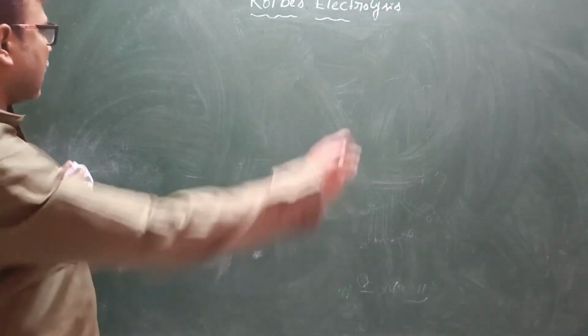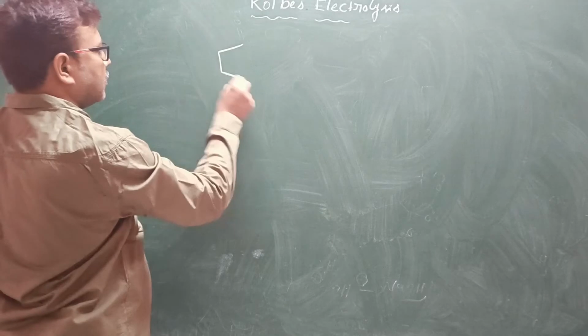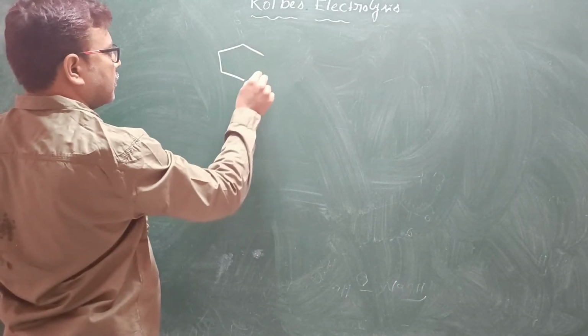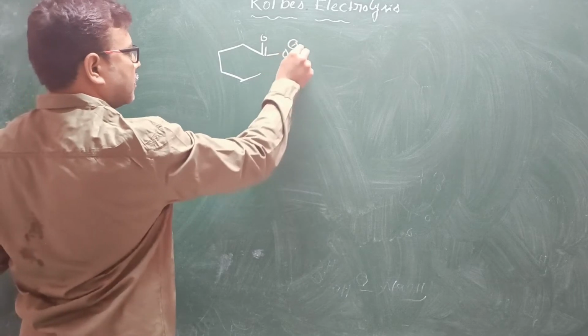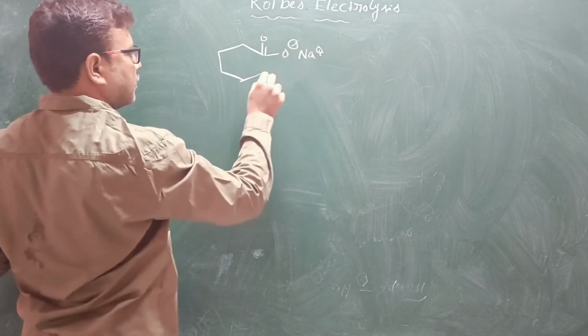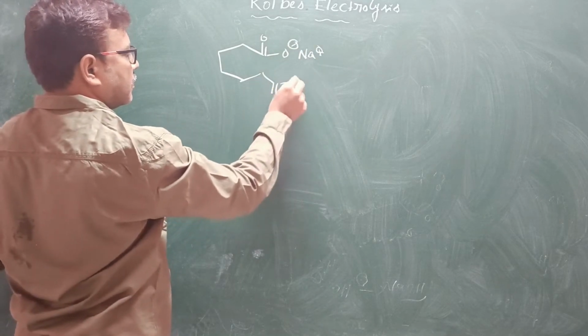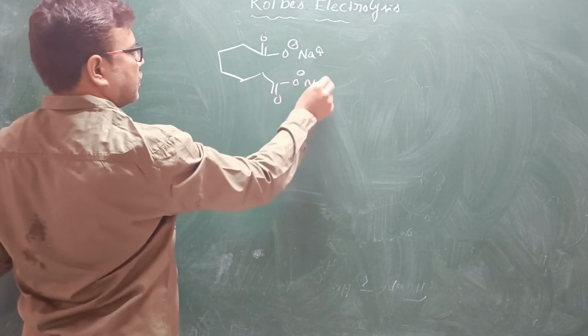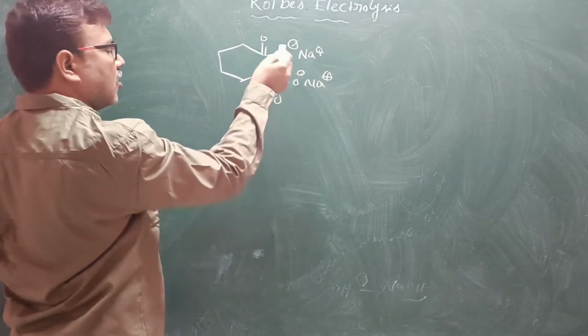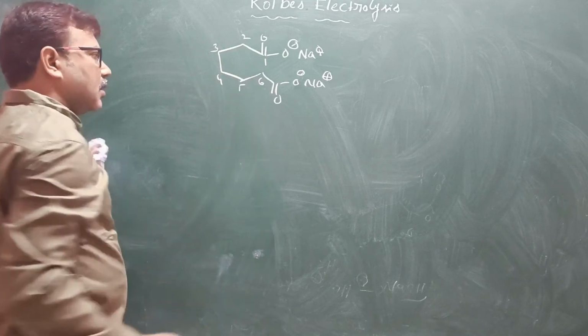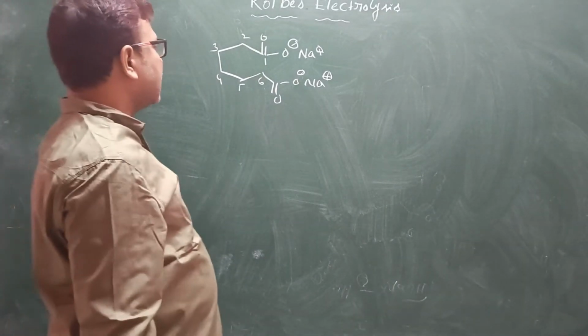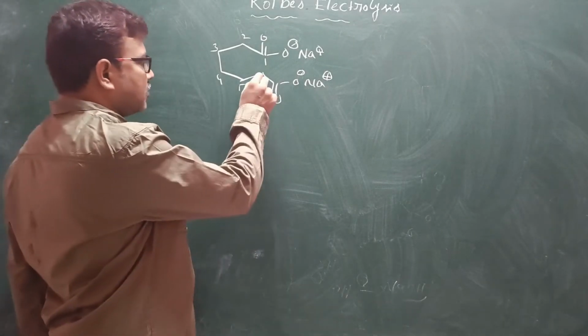You see another example. Now this compound contains how many carbons? 1, 2, 3, 4, 5, 6. So the product contains fewer carbon atoms.